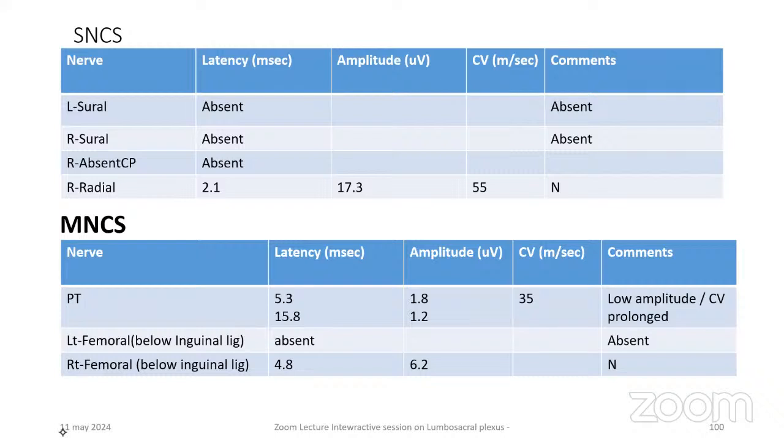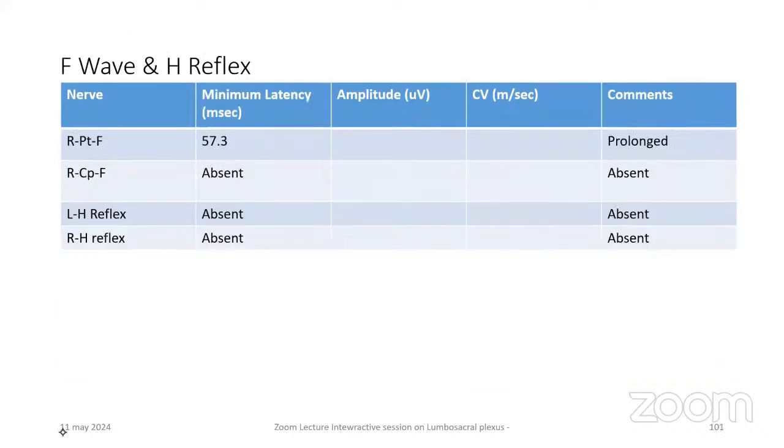Motor nerve conduction studies show low amplitude and prolonged conduction velocity in the posterior tibial. Left femoral is absent and right femoral is normal. I am just showing the electrophysiology of this case. So, mononeuropathy? Yes, mononeuropathy. The H reflex is absent on both sides.